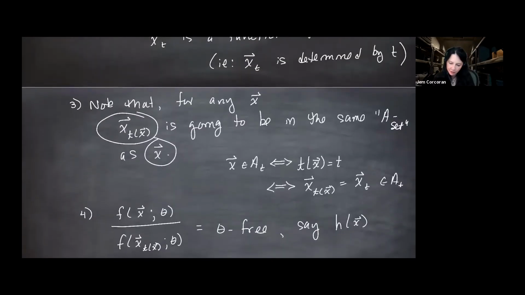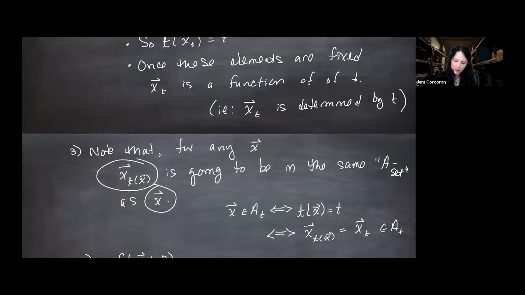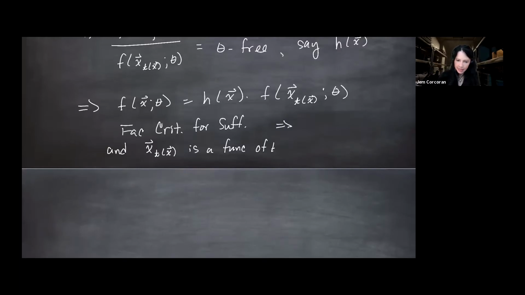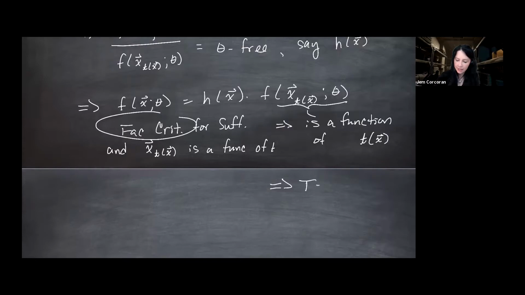That's something we established back up here. That means that this guy is a function of t of the vector little x, which implies by the factorization criterion that T defined to be T of the large X is sufficient.